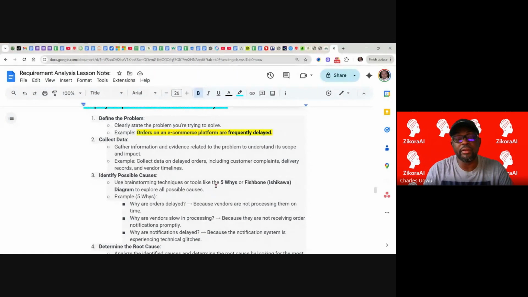You can use 5 whys, you can use 7, 8. The idea with why is that you keep asking why is this thing happening until you are at a stage where you can't ask why again. It becomes a loop, kind of.